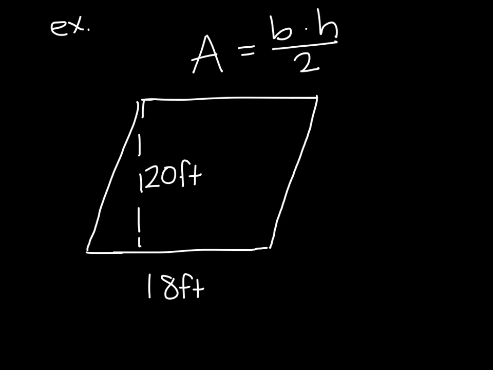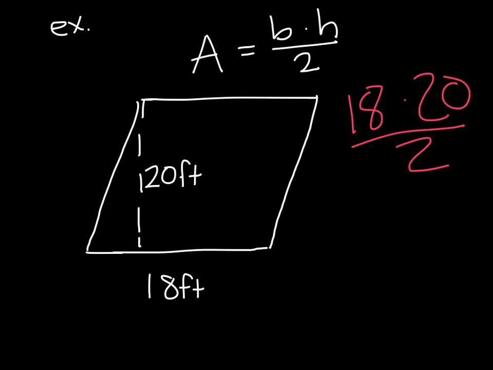So if you have this little guy over here, you have your equation, and so you have your height and your base. So what we're going to do is take 18, multiply by 20, divide it by 2. So go ahead and try and solve that real quick.